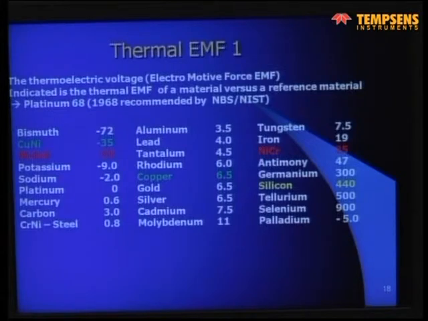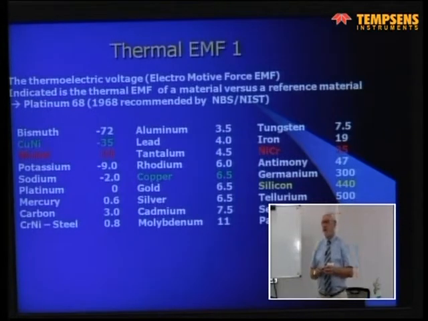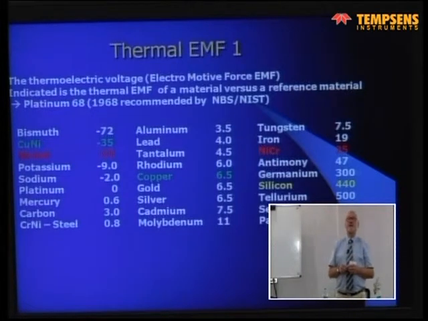More common is to look at what is written in red, nickel chromium and nickel. Everybody knows nickel chromium-nickel is the type K thermocouple, the most used thermocouple in industrial applications.